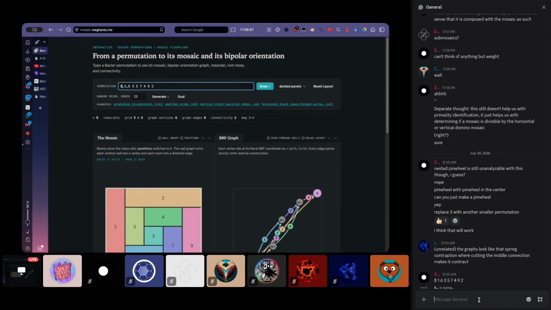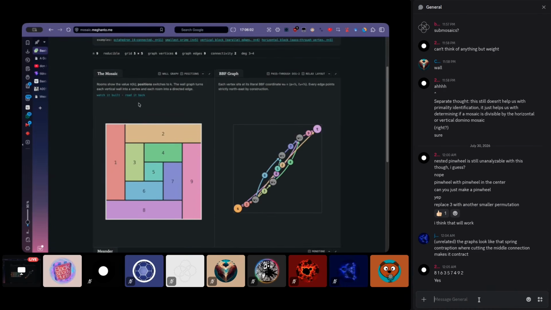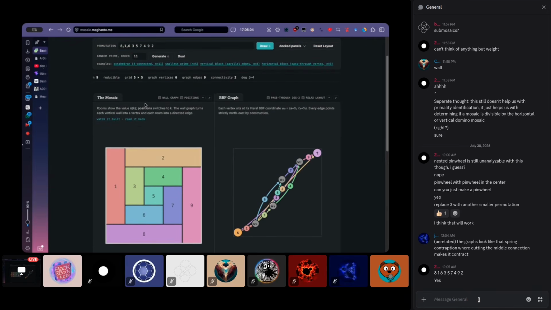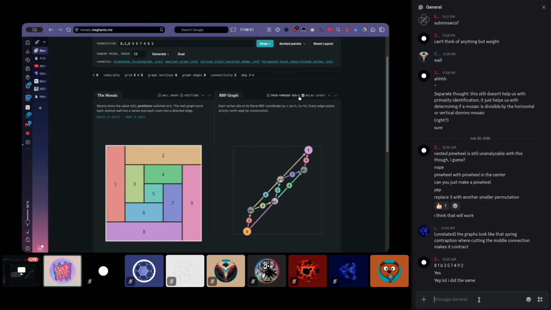Is this what you wanted? I figured this out by reverse calculation, putting in the permutation in the middle and bumping up the numbers. But yeah, let's relax the layout. So this is still connectivity 2, even though all of its degrees are 3 and 4.